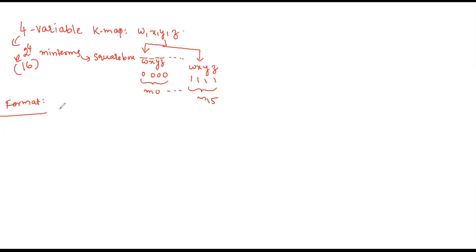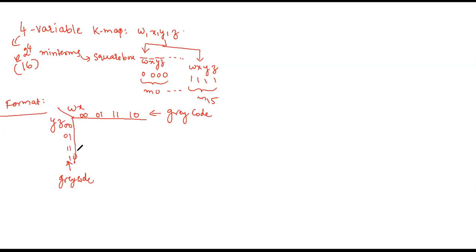For the format, divide the variables into two equal parts at the corner: WX, YZ. The order should not be changed. Now write the 2-bit gray code, because we have two variables on one corner. Here also you have to write the 2-bit gray code. Now form the square boxes.